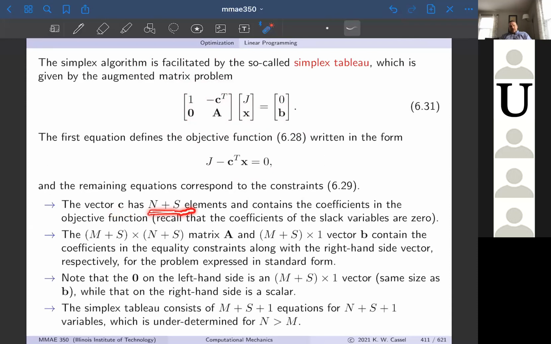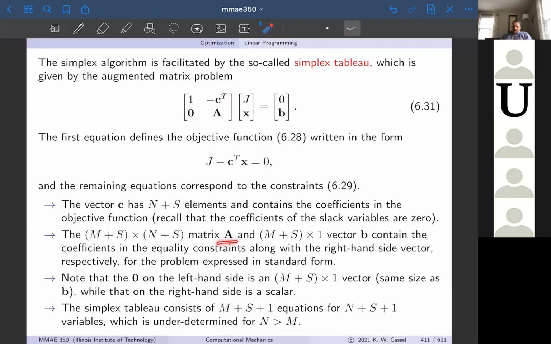Now remember, in c, the coefficients of the slack variables are all 0. So I'm not changing j. It's still the same inner product of c with x. However, in order for all the sizes to work out consistently, we're going to make x, and therefore c, n plus s, so that the sizes are all the same. But again, the coefficients are all just 0.